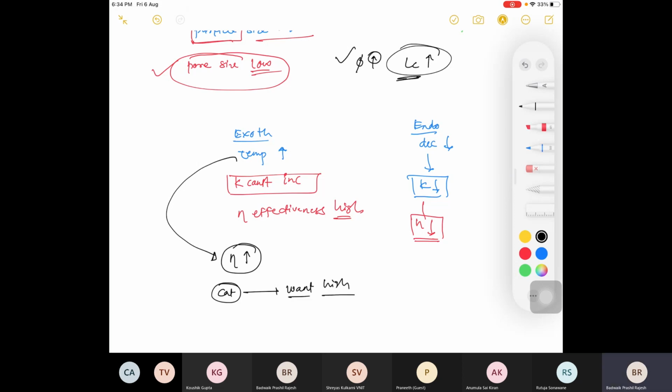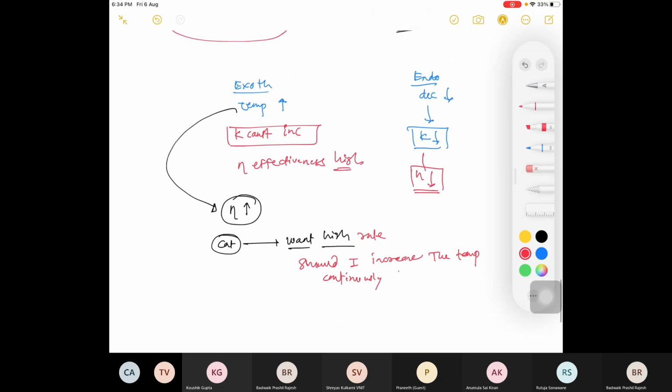Should I increase the temperature continuously to have high rate? Anyone?